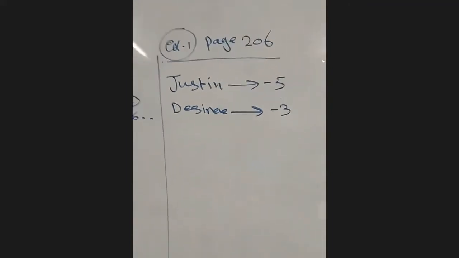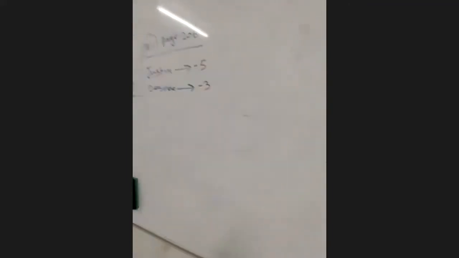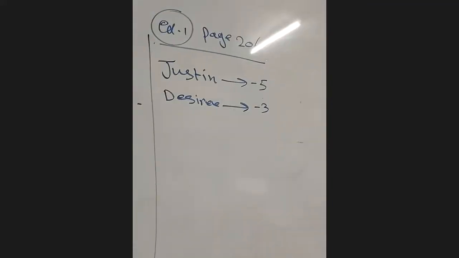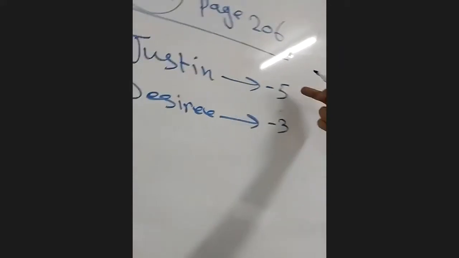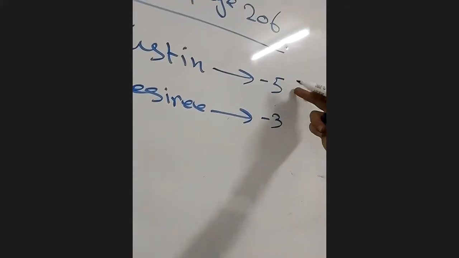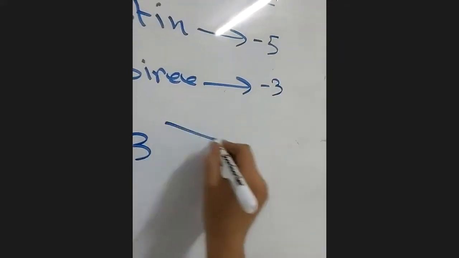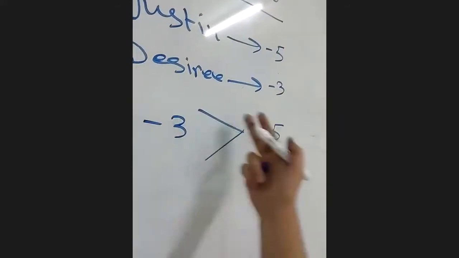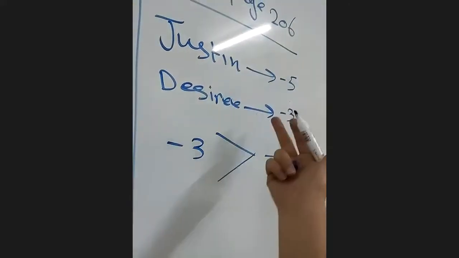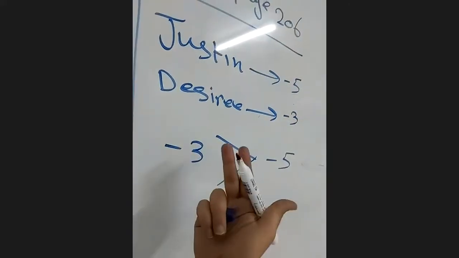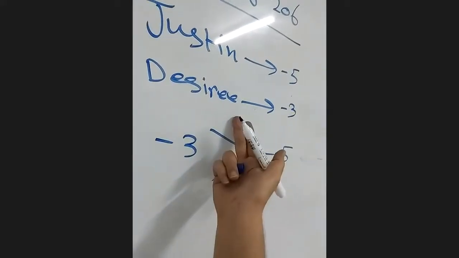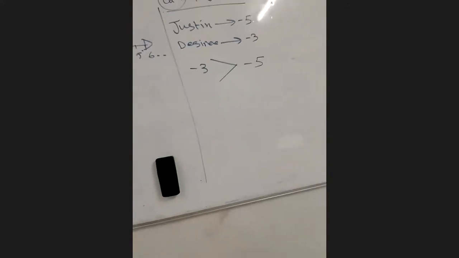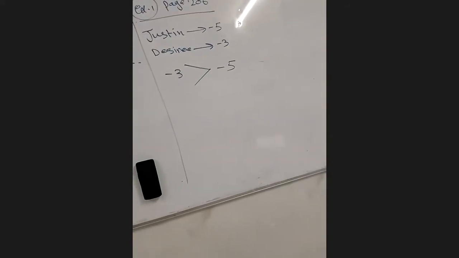Desiree, because -3 is bigger than -5. So here, guys, -3 is bigger than -5, so in this game who scored more? Desiree, right? Good. Now continue the question: write an inequality to compare the scores.